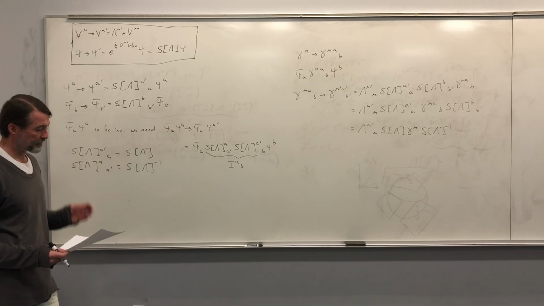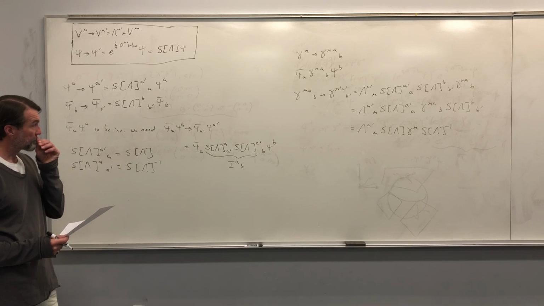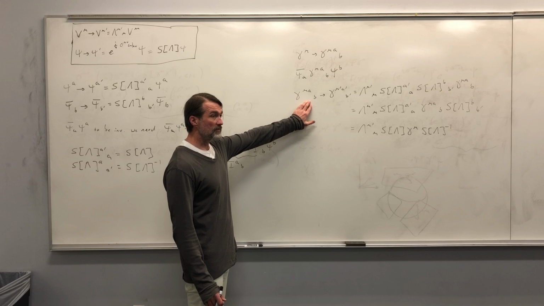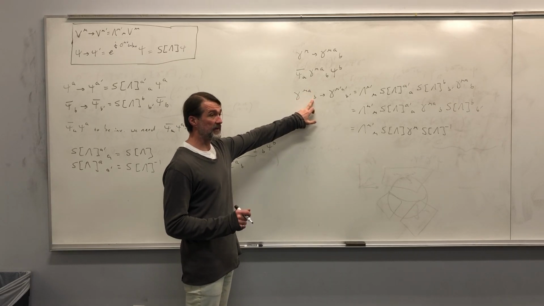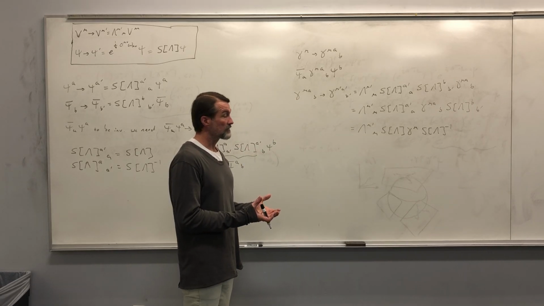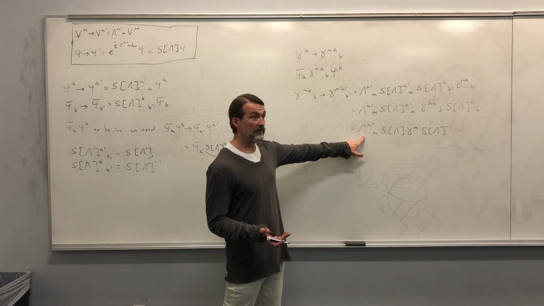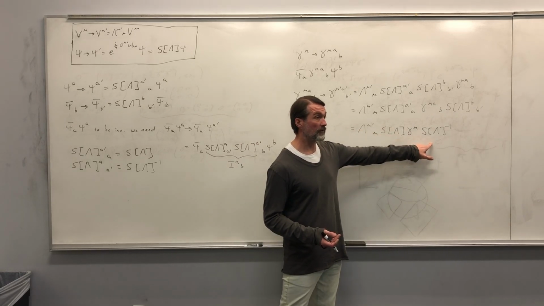Okay? So, the gamma mu's, they're non-trivial in space-time and they're non-trivial in spin space. So if I do a coordinate transformation, the vector index transforms according to the vector rule, and the two spinor indices transform according to the spinor rule.